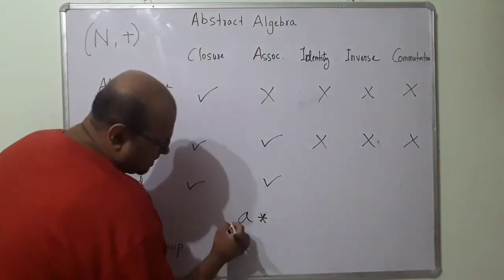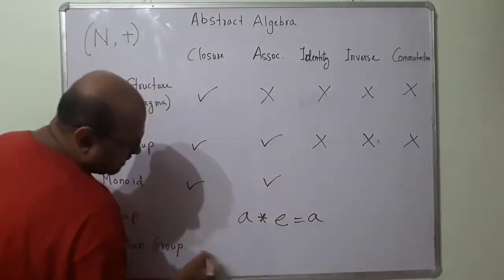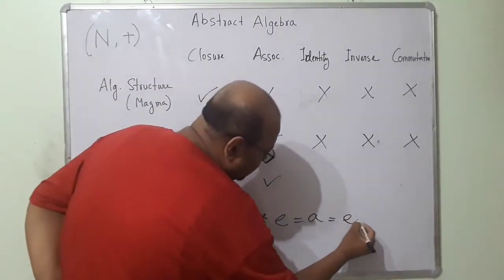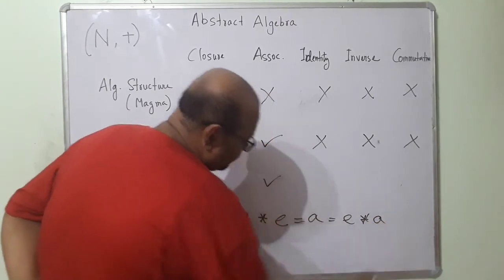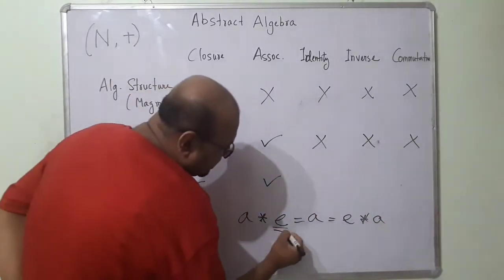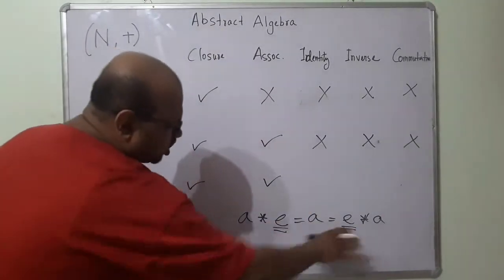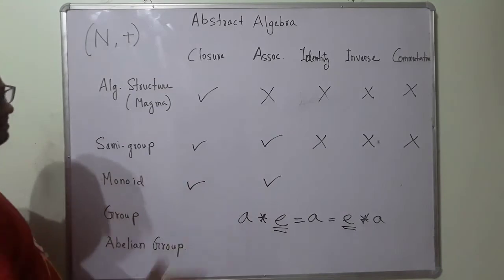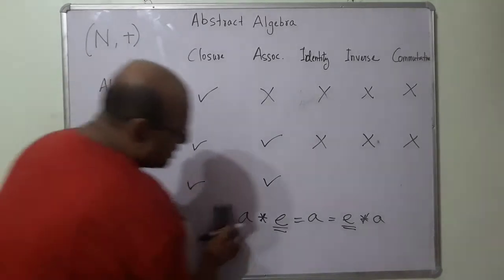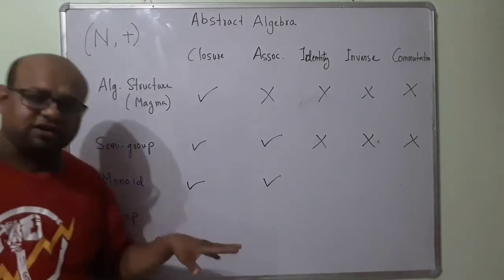A operation E is equal to A, and this is equal to E operation A. If this kind of element exists, then it is called an identity.